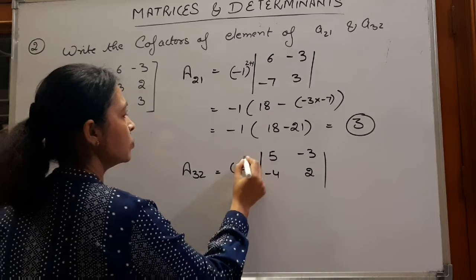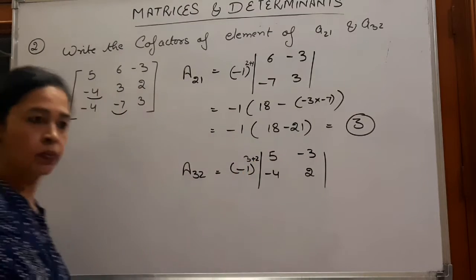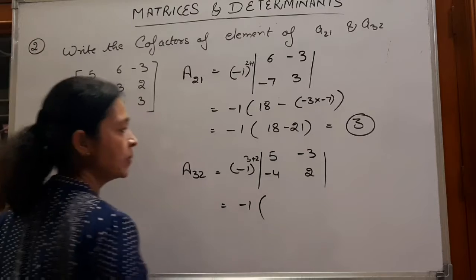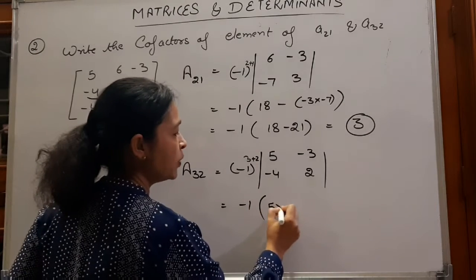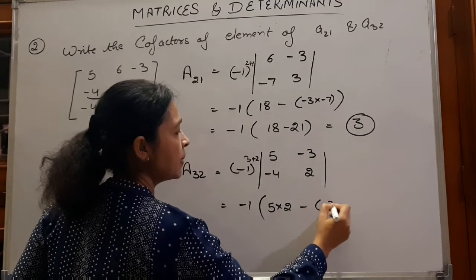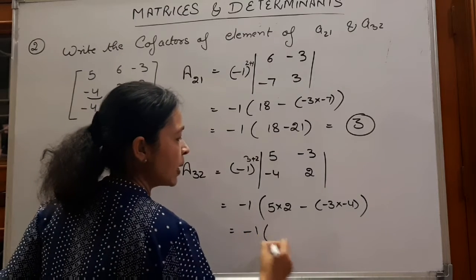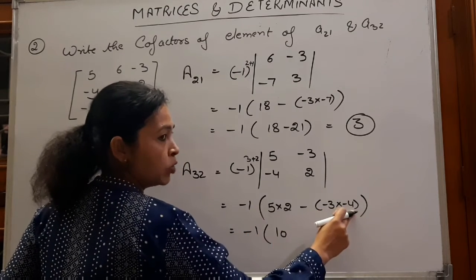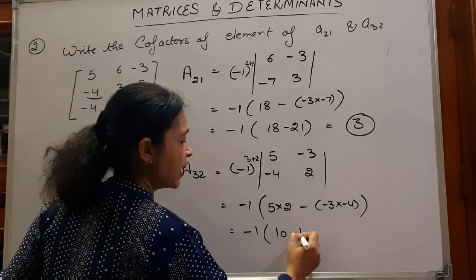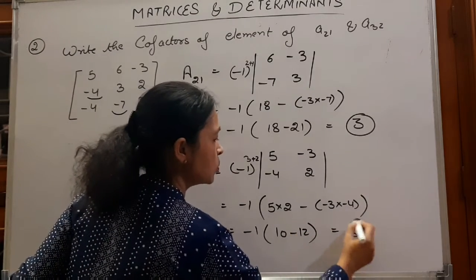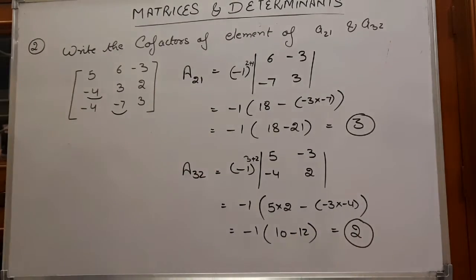Minus 1 to the power 3 plus 2, minus 1 to the power 5 is minus 1. Inside we will have 5 into 2 minus 3 into minus 4. Minus 1 into 10 minus 3 into minus 4, 12. 10 minus 12, minus of minus 2, that is 2. This is our answer.